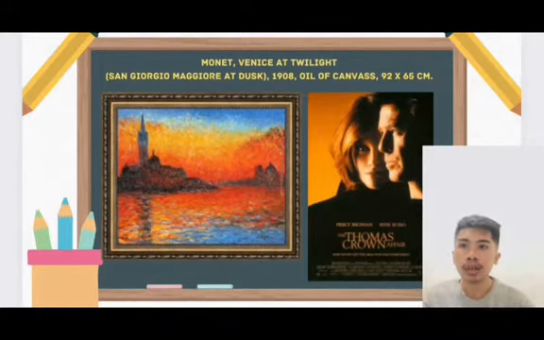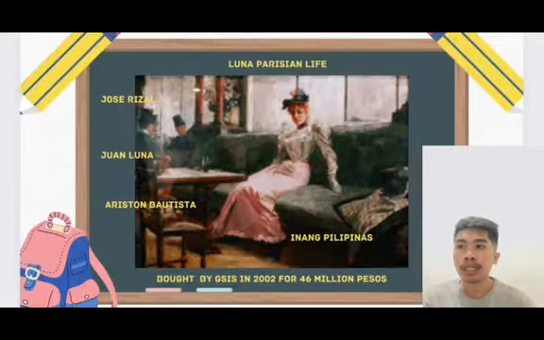The painting is also about capturing the beauty of the light at sunset. Typical of Impressionist painting in general, Sunset in Venice conveys the changing qualities of light and sense of movement visible in the water.